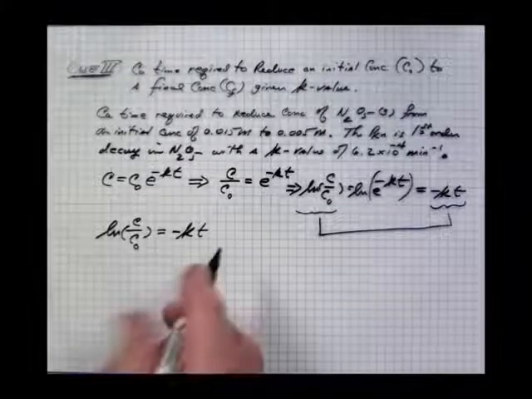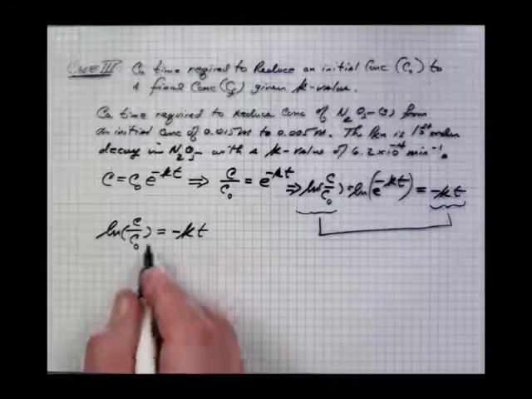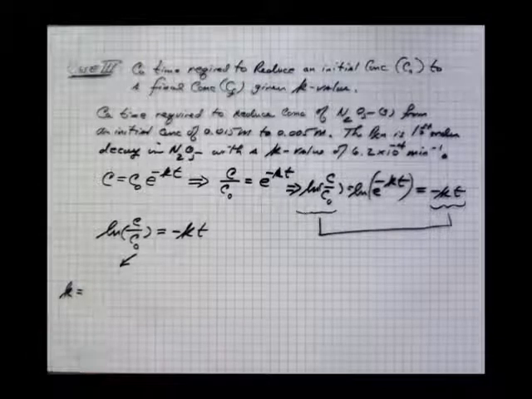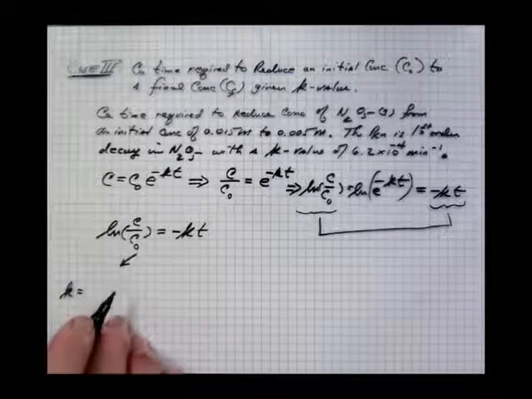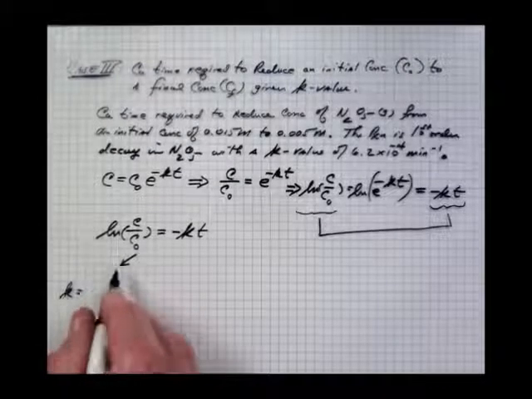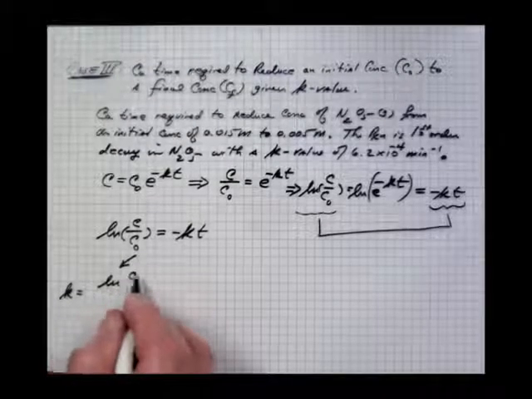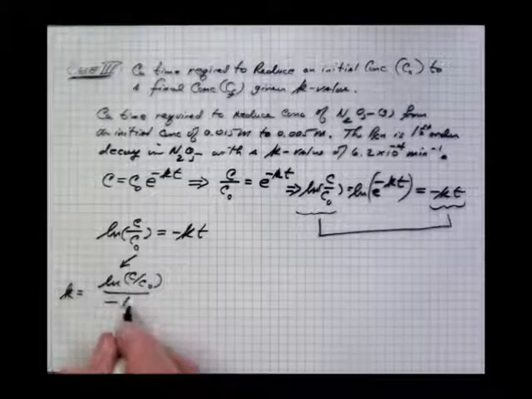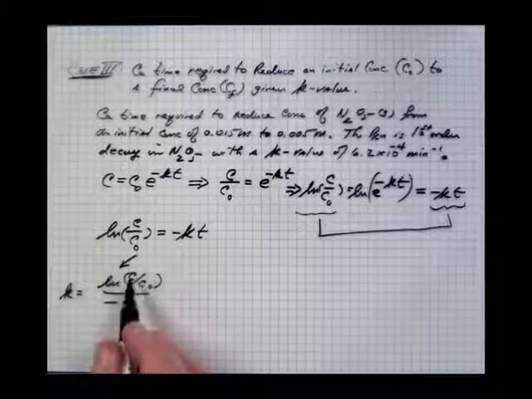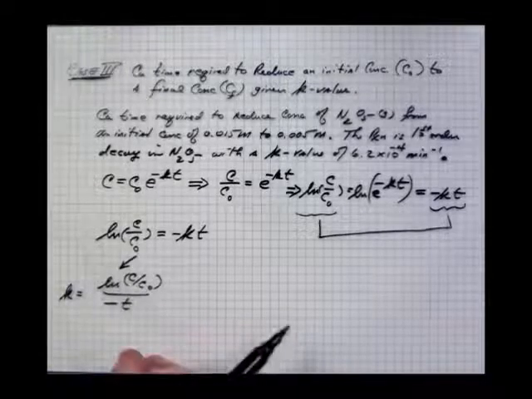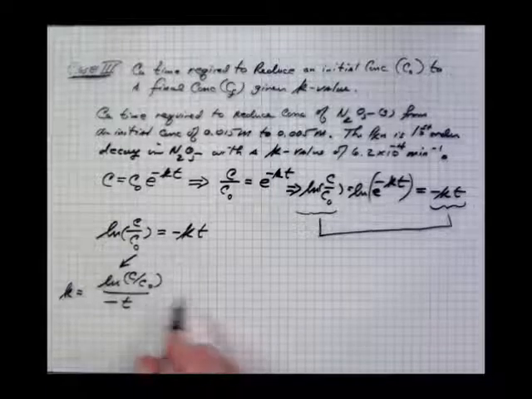Just as a matter of interest in passing, this can be solved for a K value if the data so dictates, and that would be ln of C over C sub O over minus T. This will be a fraction, and when you take the natural log of that fraction, it'll be negative.